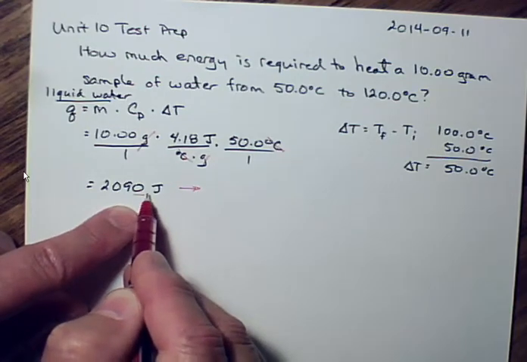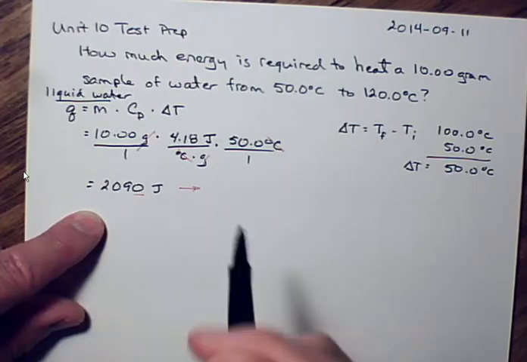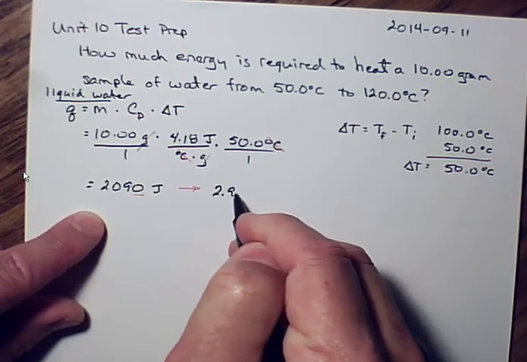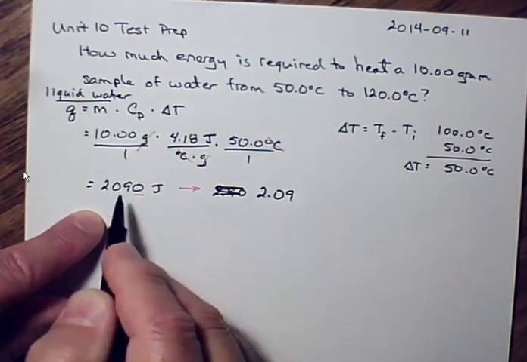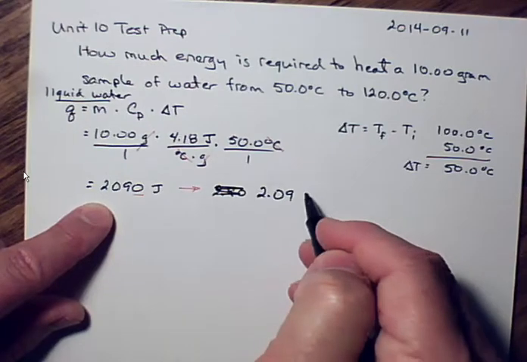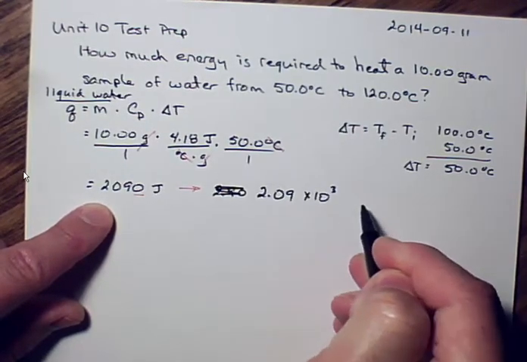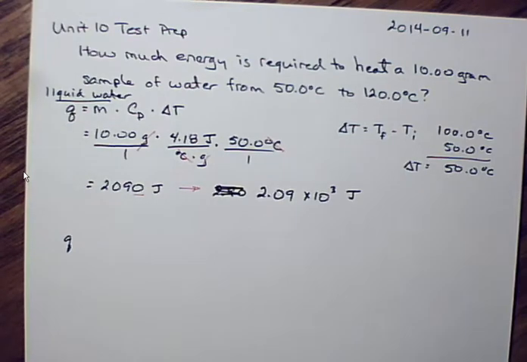We move the decimal place 1, 2, 3 places. So we get 2.09, and then that's times 10 to the third because we moved the decimal place 3 places to the left. Okay, and that's joules. And so that's our first of 3 answers we have to have, the 3 equations which we're going to add together.